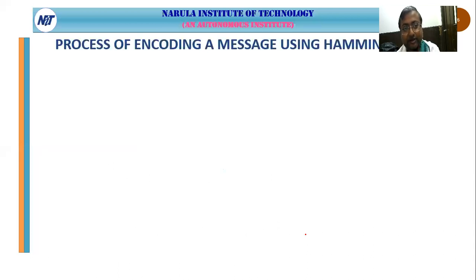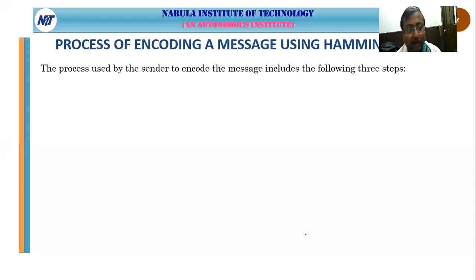Now come to the process of encoding a message using the Hamming code, by which you will learn how many parity bits should be added to the message bits and what the value of the parity bits is. Okay. So now the process used by the sender to encode the message includes the following 3 steps.